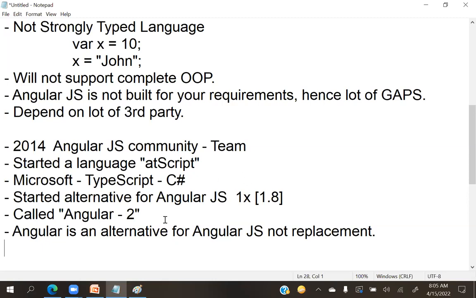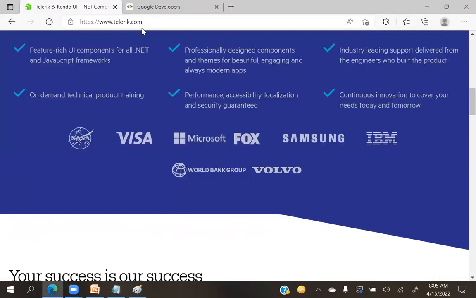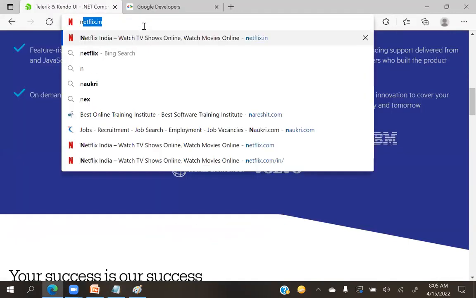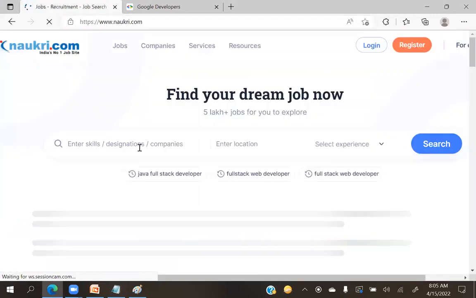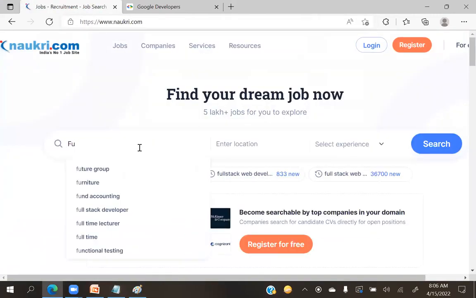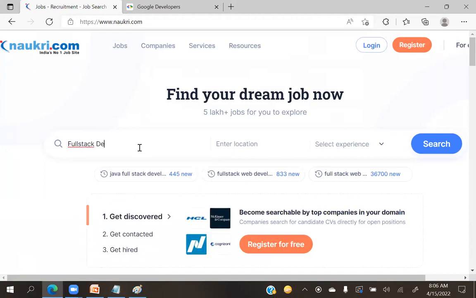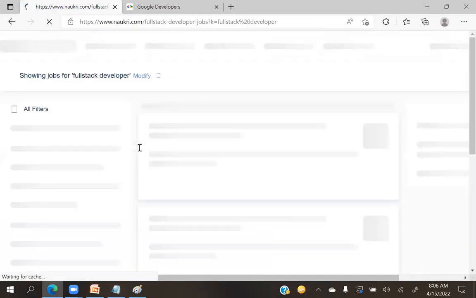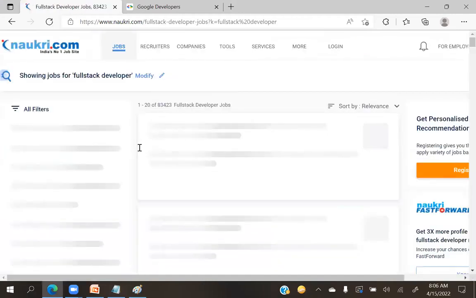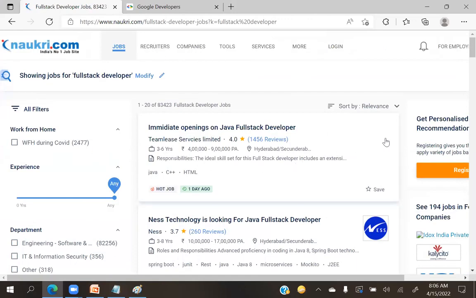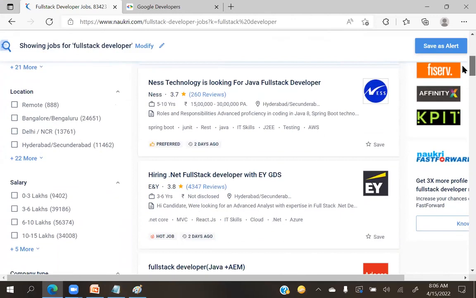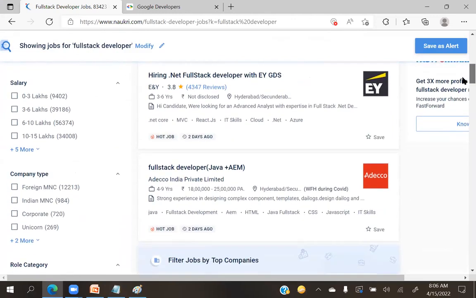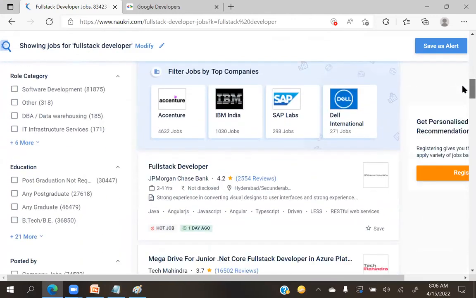Currently, as I showed you yesterday, you go to the job site and search for a full stack developer, meaning a Java developer or .NET developer or any full stack developer. Among the requirements, let's filter that.